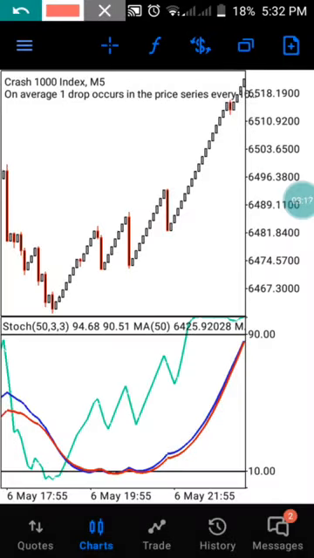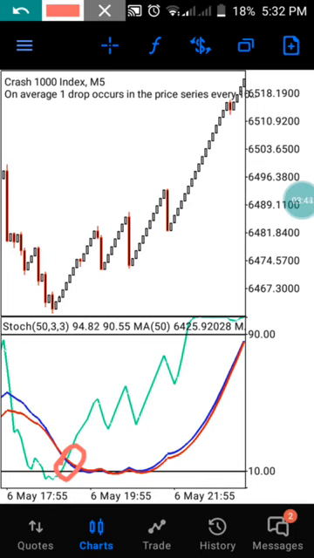What you need to first confirm is that your oscillator line went below the 10 level, or is on the 10 level. That's your first confirmation. Your second confirmation is to wait for the two moving averages to cross over the oscillator line, which is this particular level.